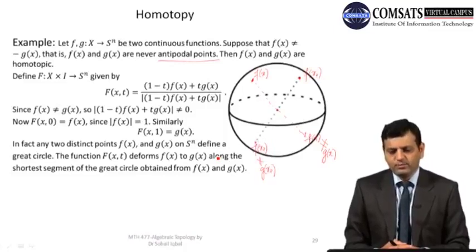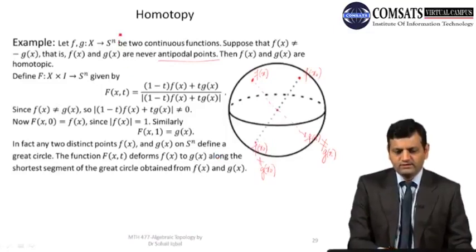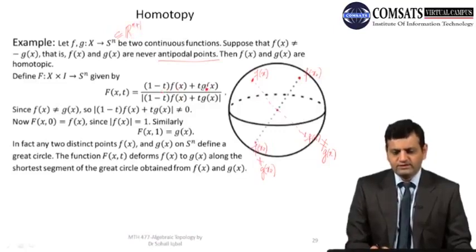So in other words, we are saying that this output is going to be points on the sphere, because f(x) and g(x) are points of R^(n+1), the space where S^n lives. So (1 minus t) f(x) plus t g(x) is a point of R^(n+1), and I am dividing this point by its norm, taking it as a vector of R^(n+1).